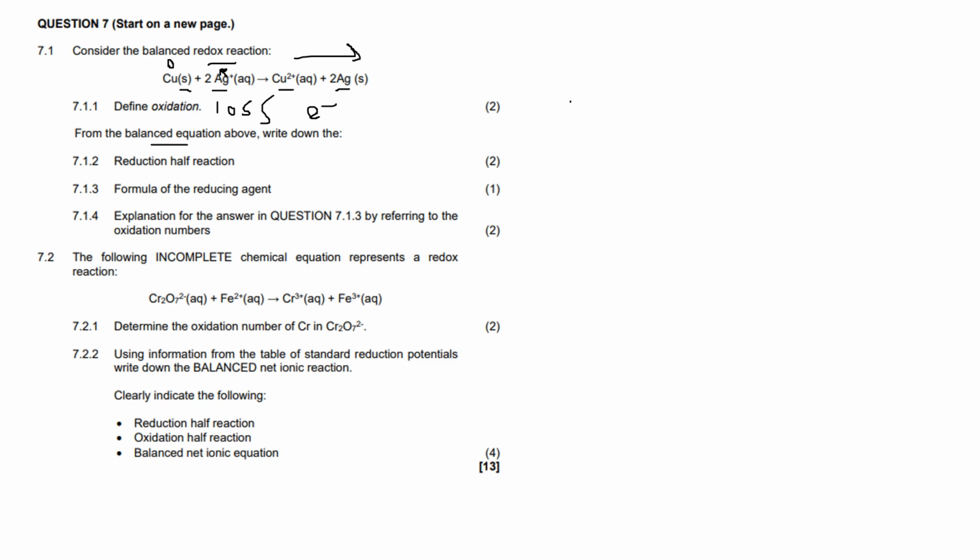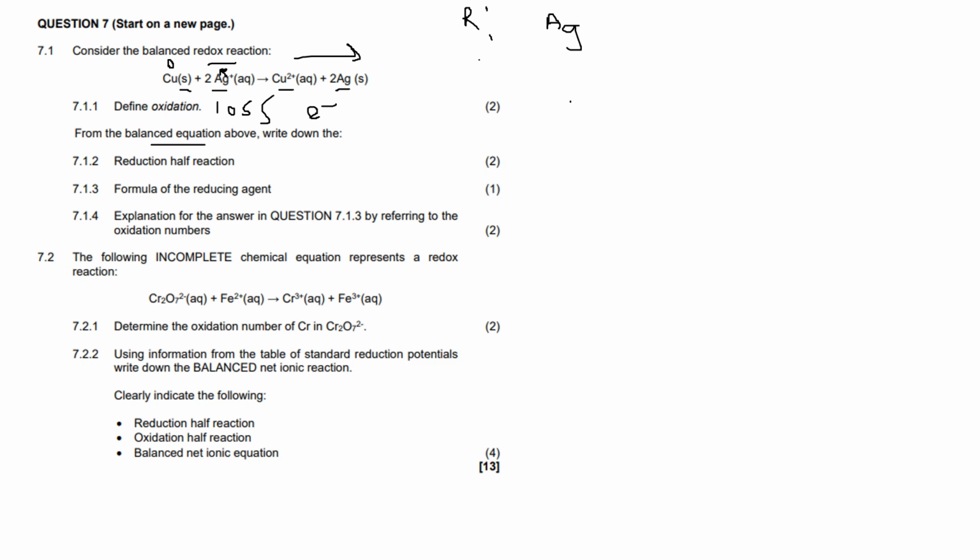Now, from the balanced equation above, write down the reduction half reaction. So who's undergoing reduction? Don't forget, it's Ag. We know that Ag is undergoing reduction based on what we proved before, so the reduction reaction must be for Ag, because we know that Cu is undergoing oxidation.